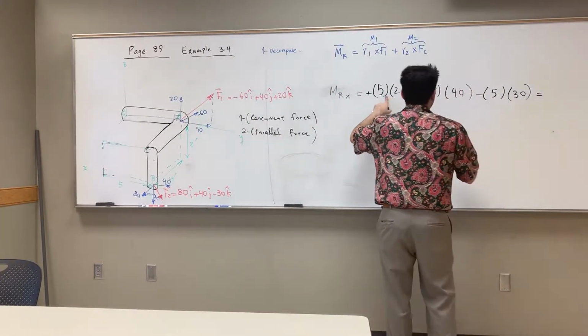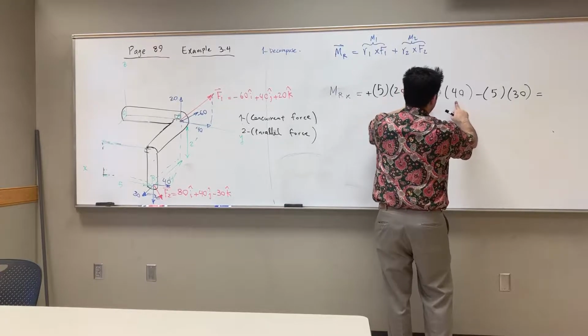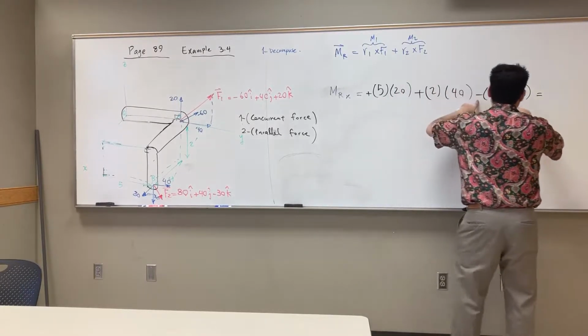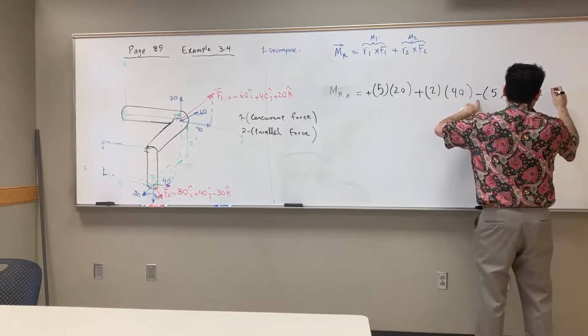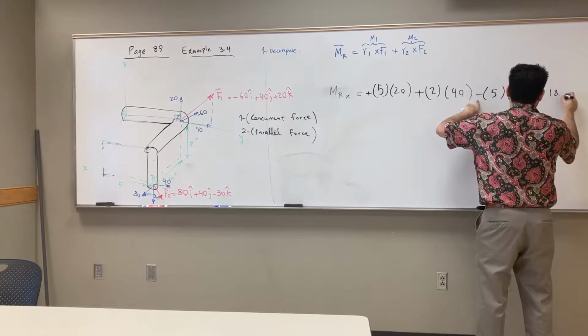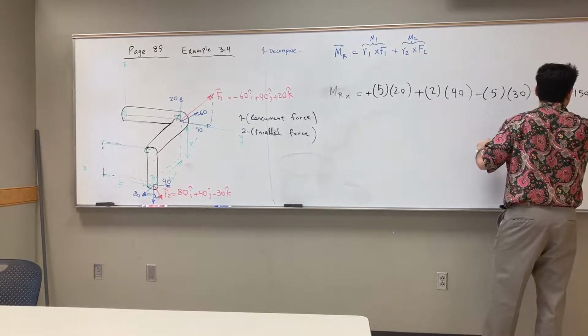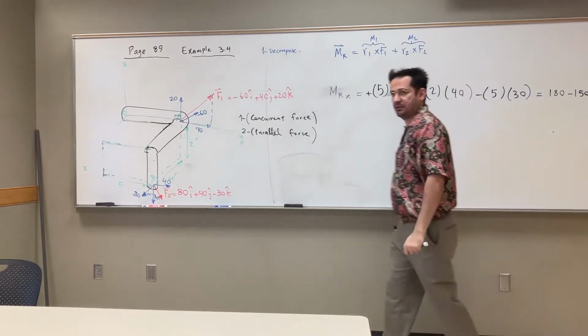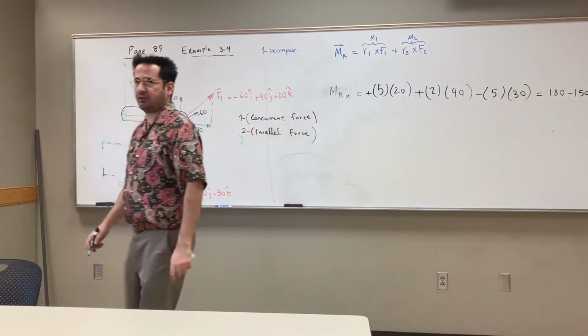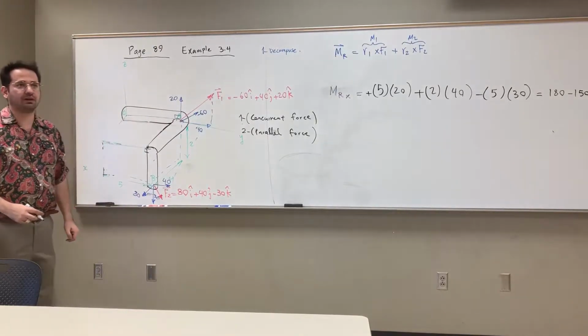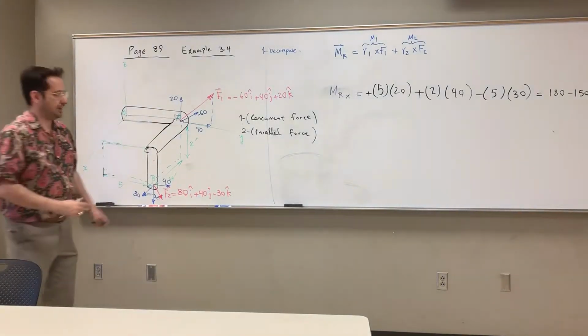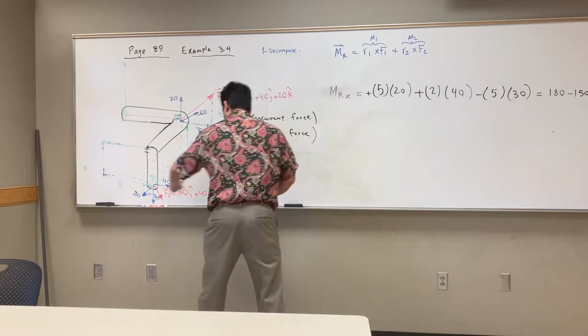That's going to be 100 plus 80 minus 150. So 180 minus 150 is going to be 30. So the x component is 30. Let's go to the y component. Let's do it quicker than the x. So M resultant y.